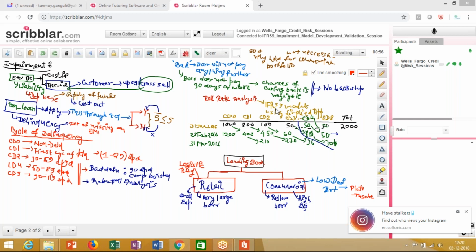So let's start with personal loan as a retail asset. Within retail, following are the assets that we are going to talk about. The first asset is personal loans. The second asset would be mortgages.